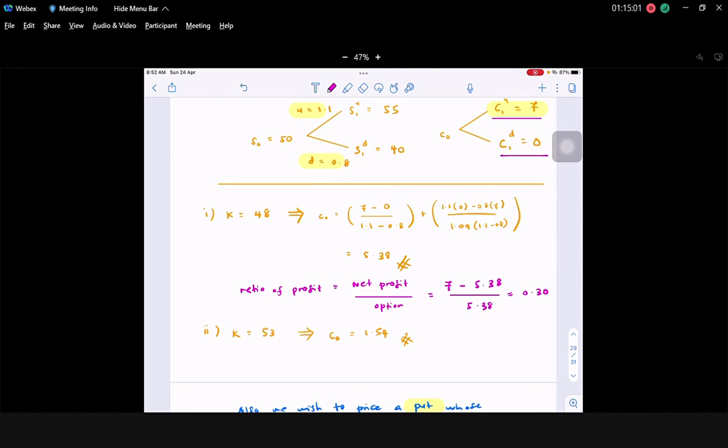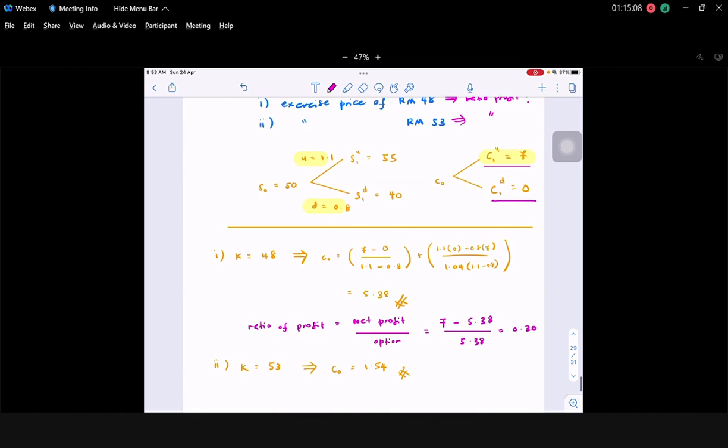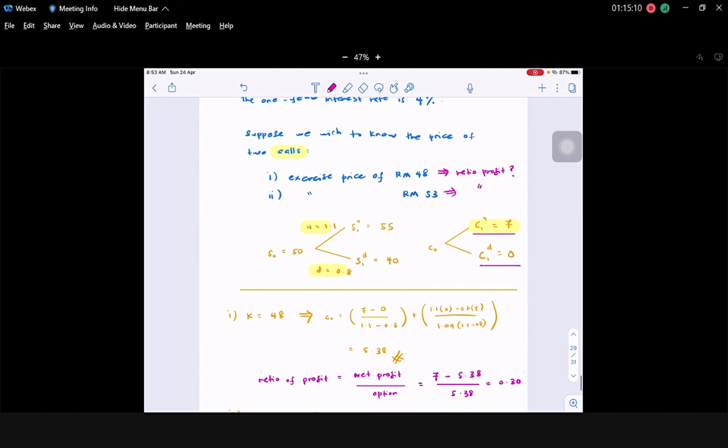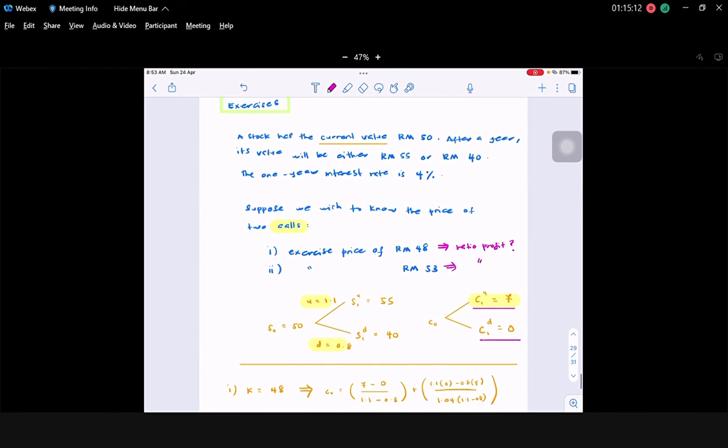Okay, so apa yang kita boleh buat conclusion daripada sini based on ratio of profit ini? Okay, so cuba kita go through balik. Okay, so instead of kita buy stock at current value, okay, so RM50, so kita deal with contract ataupun option.